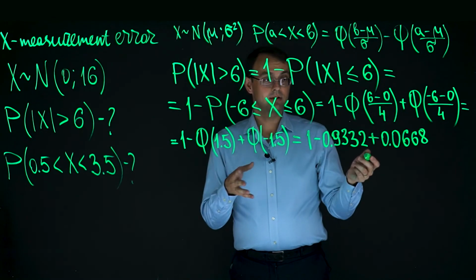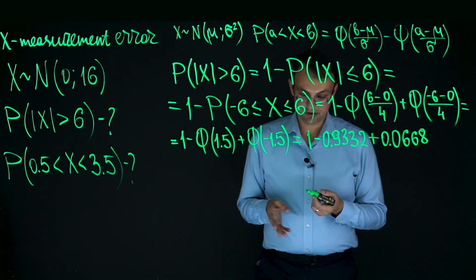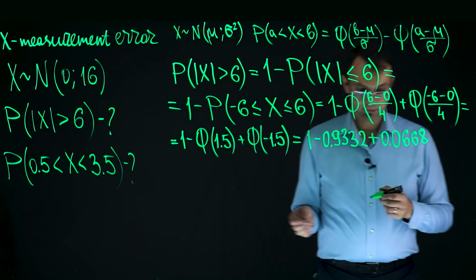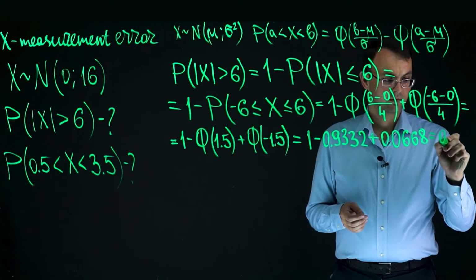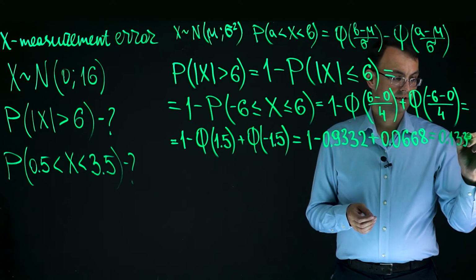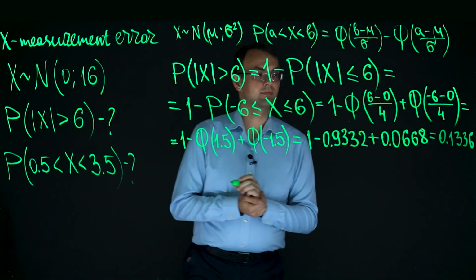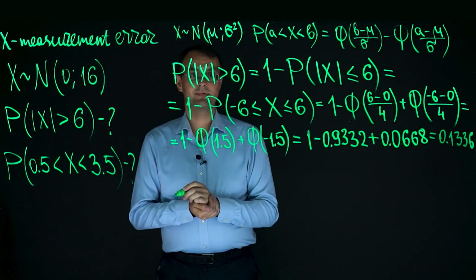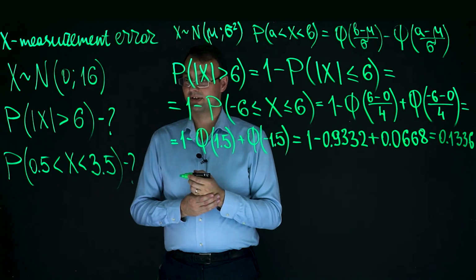So after I do the necessary calculations, I'll get 0.1336. So this is the first probability.